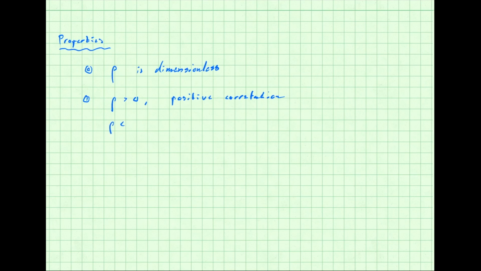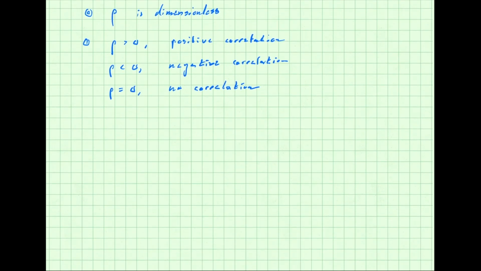Similarly, if rho is negative, you have negative correlation. Sometimes that's called anti-correlation. If rho is 0, you have no correlation. That's just some terminology that you should know.